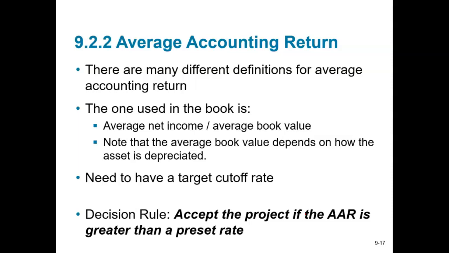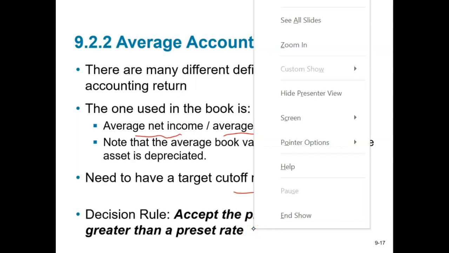The one used in the book is the average net income divided by average book value. Note that the average book value depends on how the asset is depreciated, and you need to have a target cutoff rate. So the decision rule is you are going to accept the project if the average accounting rate is greater than the target rate.